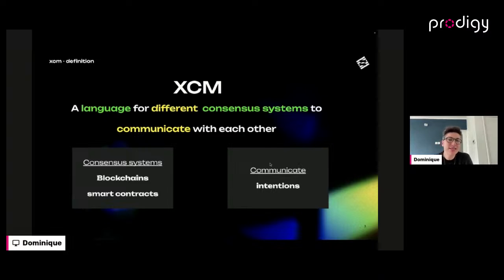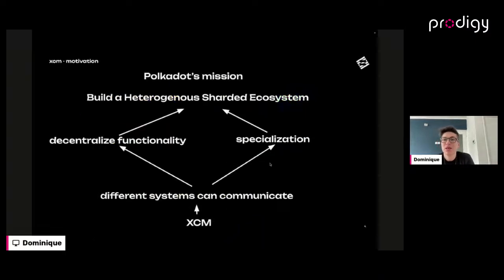So let's keep from this slide that it's a language, a format that we can use to express our intentions and communicate with other systems, either chains, parachains, relay chains, smart contracts, etc. The motivation, why do we have XCM? Why did we build a whole new language?